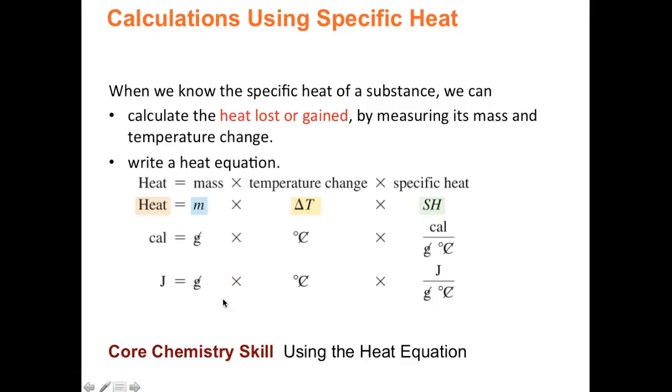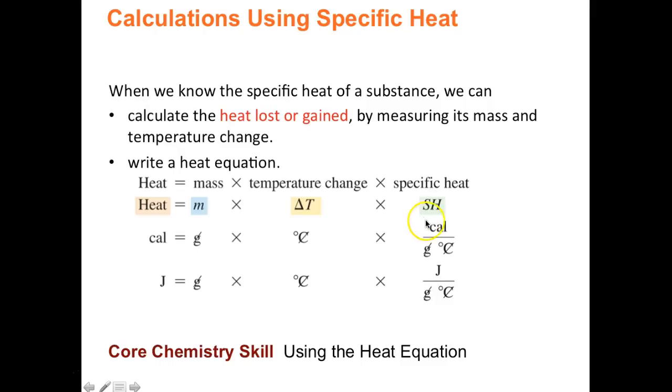So how do you calculate heat lost or gained? All right, so you take the mass of a substance times the change in temperature. So initially it was at a certain temperature, and finally after taking in heat, its temperature went to a higher temperature, and so that change between the initial and the final temperature times the specific heat.